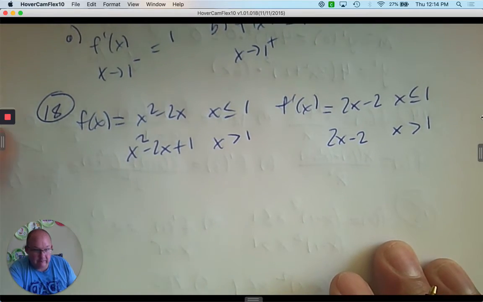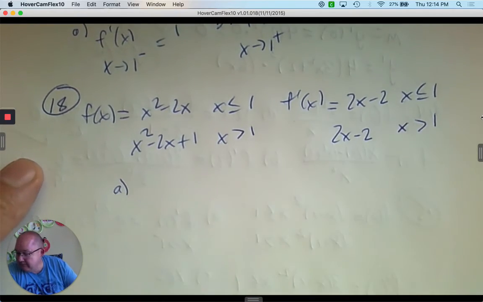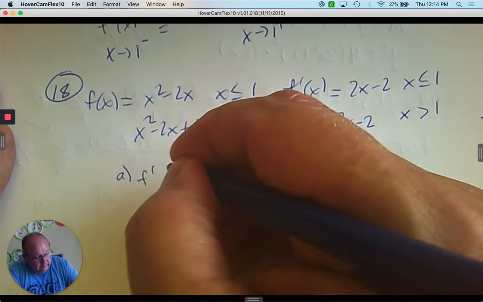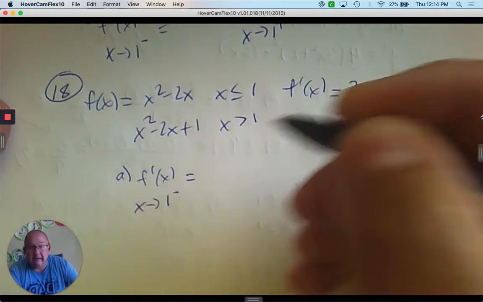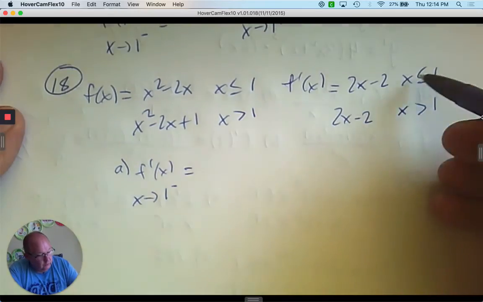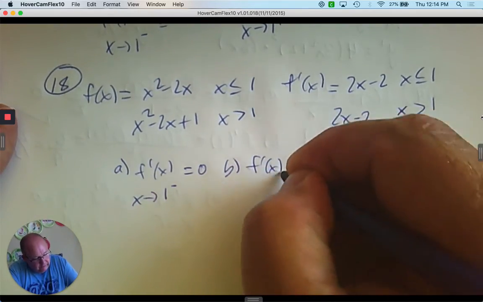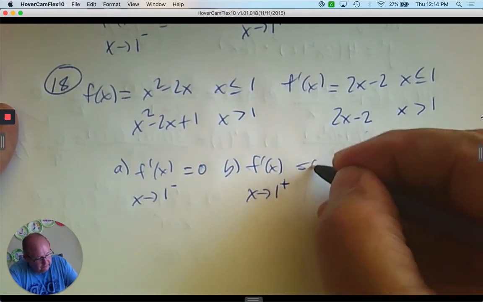And now let's see. So first of all, part A and then part B. What's the derivative as x approaches 1 from the left? So here, if I plug 1 in, the answer is 0. If I take the derivative as x approaches 1 from the right, that's the bottom piece, it also gives me the answer 0.